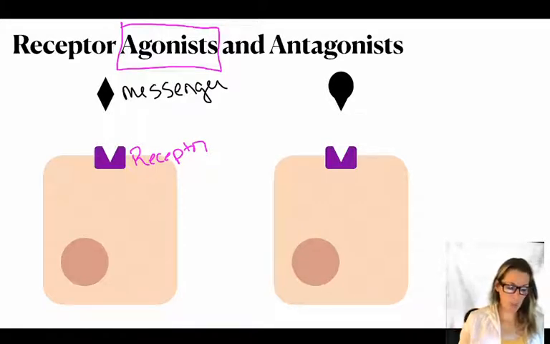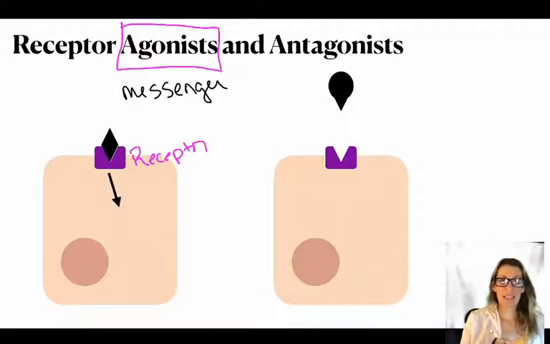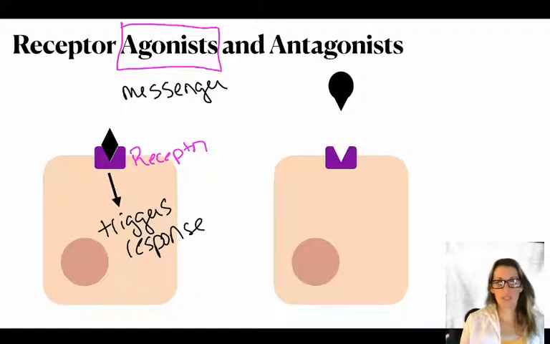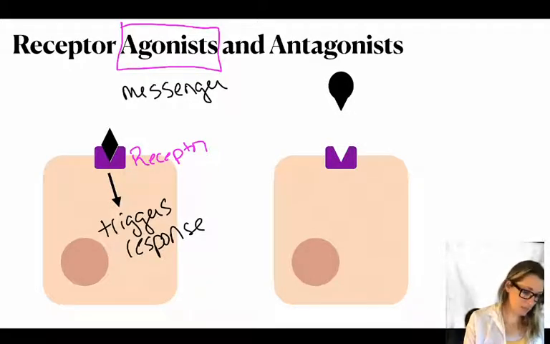And what happens when that ligand binds is it comes, it binds, and it triggers an intracellular response. So it tells the cell, do your thing, do the thing that you're supposed to do. That is the primary ligand.